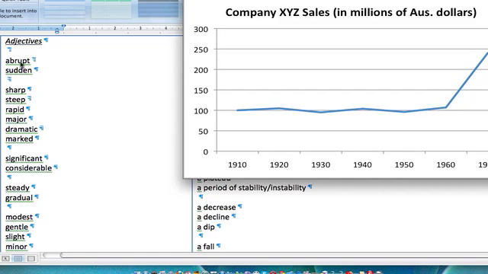Okay, so the first word in our list is abrupt, and I've coupled that with sudden because these two words have very similar meanings. Abrupt and sudden are used to describe a change in a trend that is perhaps somewhat surprising, or it is a change that doesn't follow the pattern that's seen in the rest of the trend.